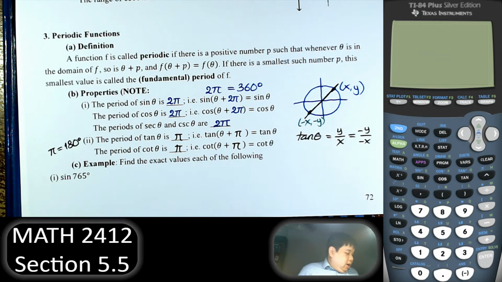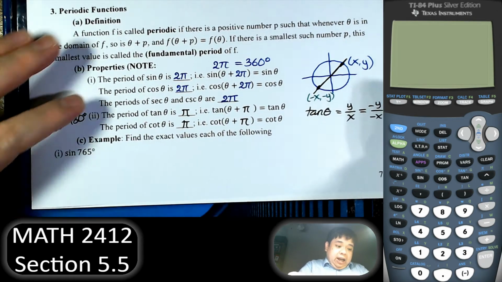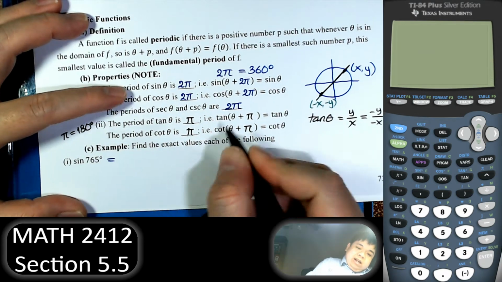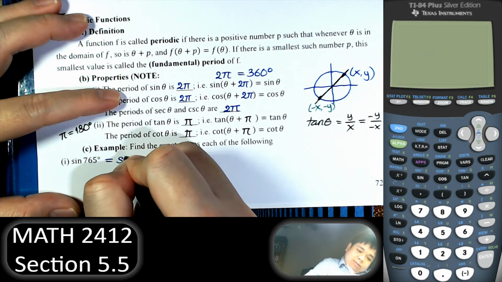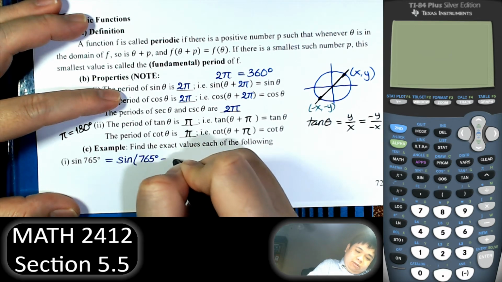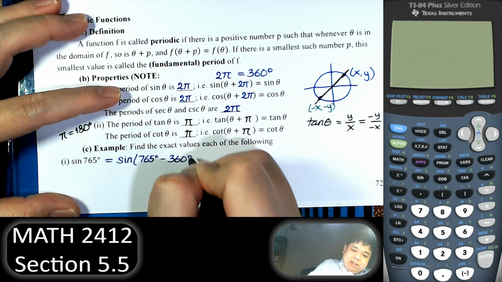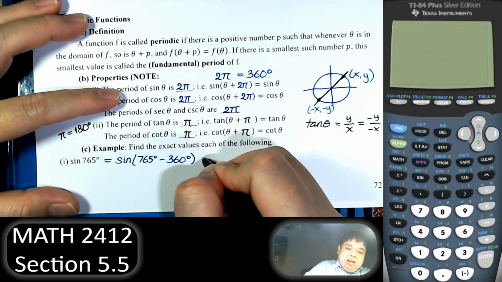Now with that, we'll find the values for some functions here. Sine of that, of course, if we add 2 pi, it's the same thing as subtracting 2 pi. That's what we can do, because the period is 2 pi.